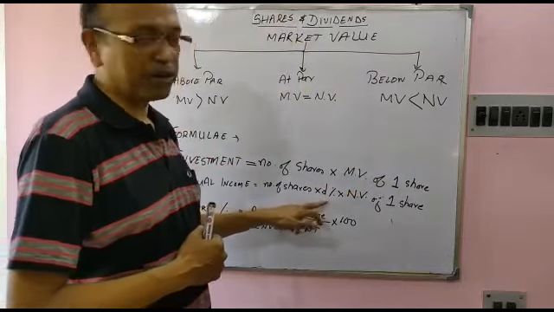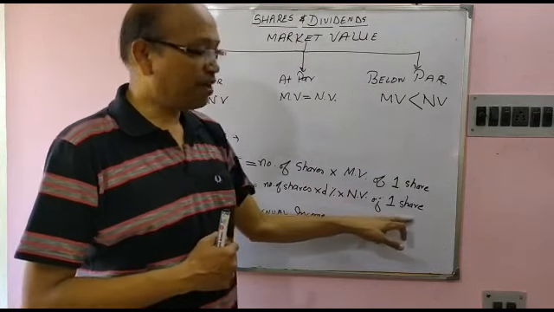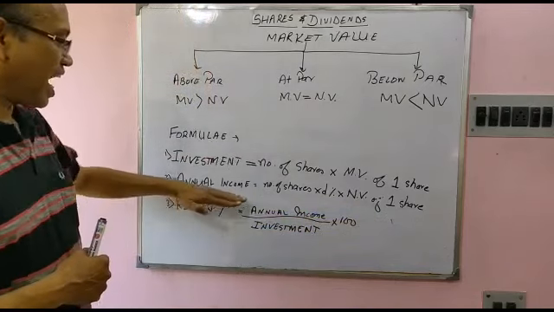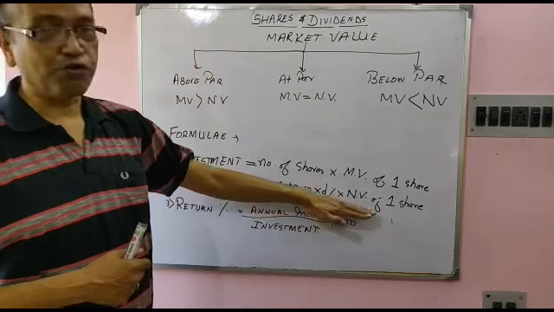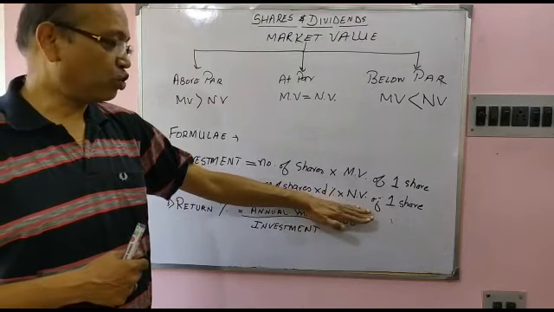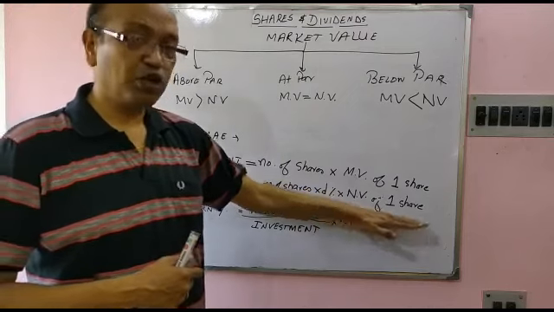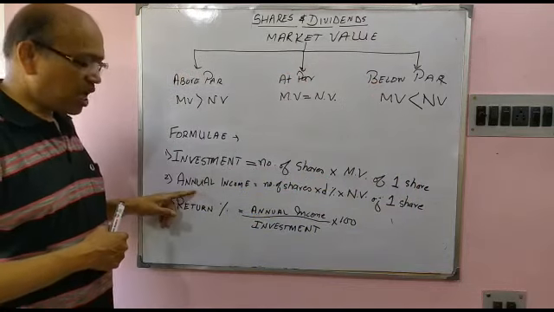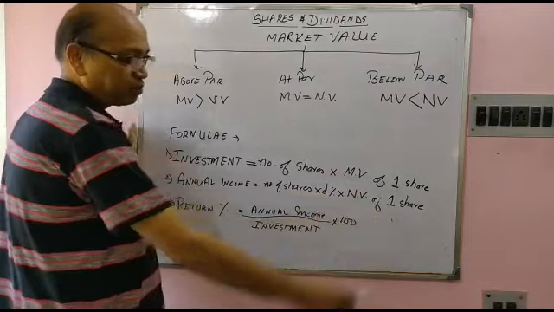So that is the percentage, D%, into the nominal value of one share. Here I would like to make a point that annual income is always calculated over nominal value, not on market value. It depends on the nominal value, the fixed value of the share.